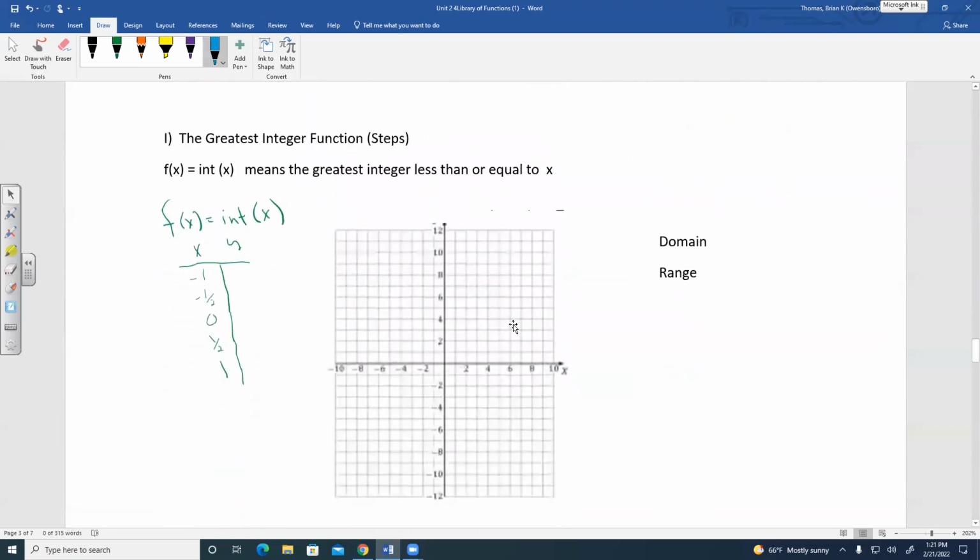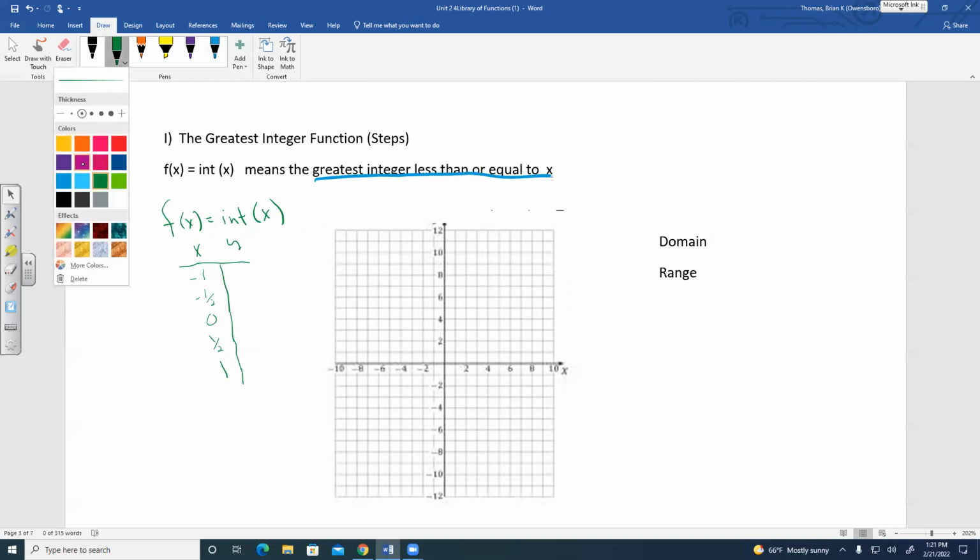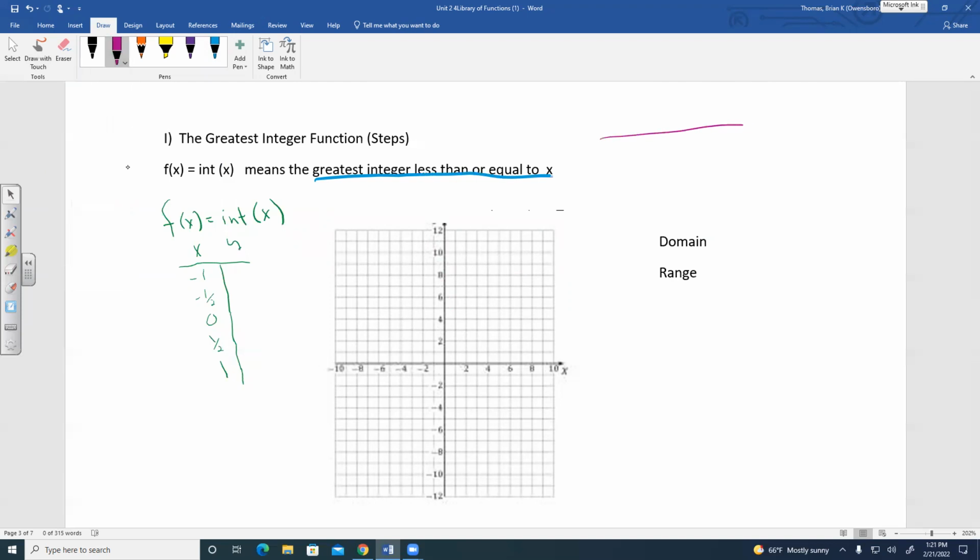The greatest integer function is also called the step function. So when you see this notation f of x equals int x, this stands for the greatest integer less than or equal to x. So what this is basically saying is your answers have to be integers. If I evaluate f of -1, if I just draw a number line up here, put -1, 0, 1, 2, 3, maybe a few more points.